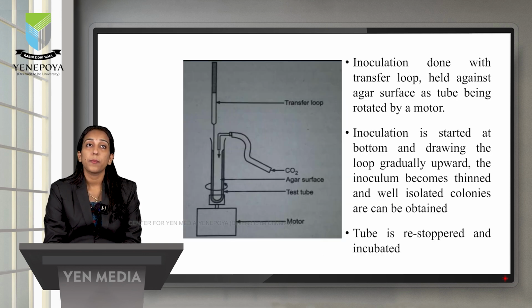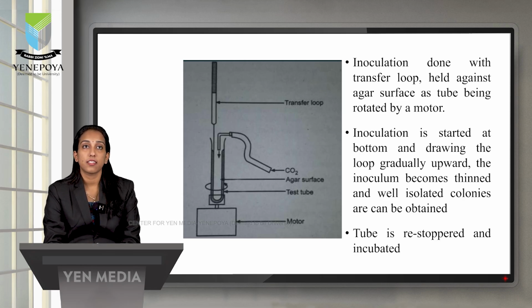Then how do we perform the inoculation? The inoculum is taken in an inoculation loop and held against the agar surface, and we use a motor. With the help of the motor, this tube will be rotating. Based on that, the inoculum will spread over the tube.